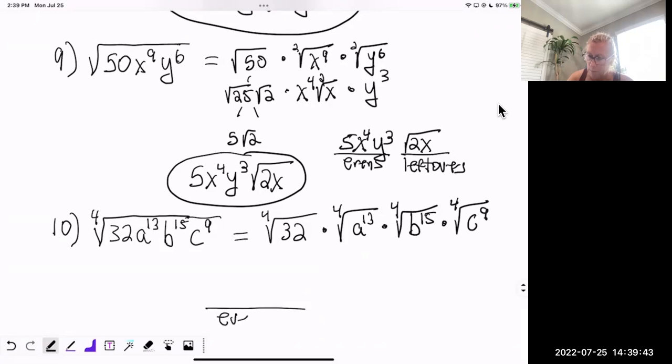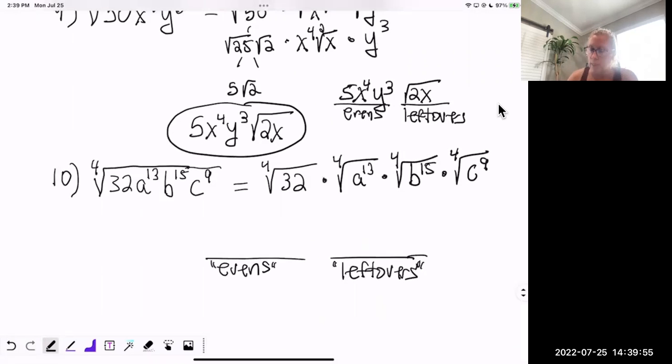Just for me, so you know what we're doing, this is my evens, quote, quote. This is not how you talk about it in math, but this is how I think about it. Evens, leftovers. Okay, so is there a number multiplied 4 times to be 32?